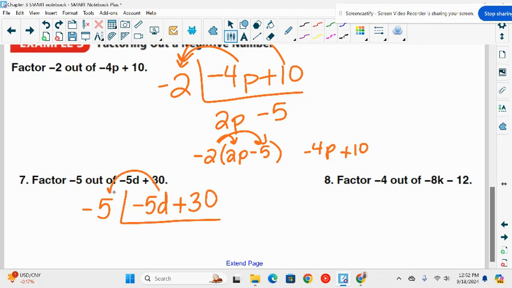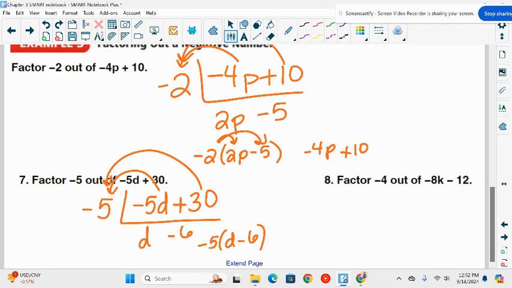Negative 5 divided by negative 5 is 1, so it's just going to be D. And positive 30 divided by negative 5 is negative 6. So as the distributive property, it would be negative 5 parentheses D minus 6. Good.